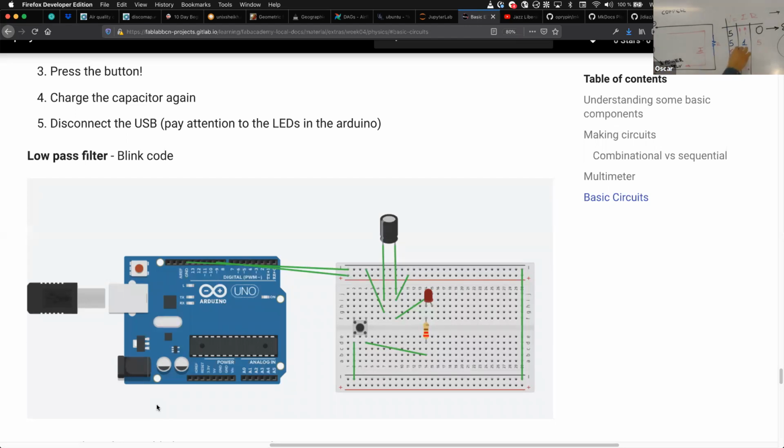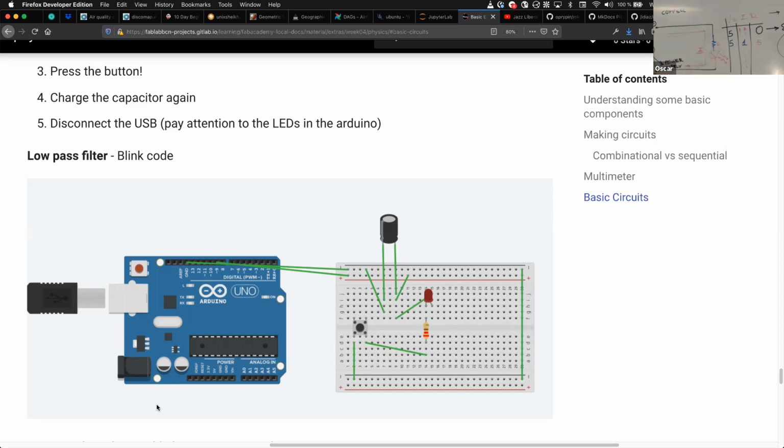Now, how can we visualize this? We're going to start by making an exercise with your Arduinos. We're going to visualize the current in the circuit by putting in a component that will react to the amount of current we have, and will shine more or less depending on how much current goes through.